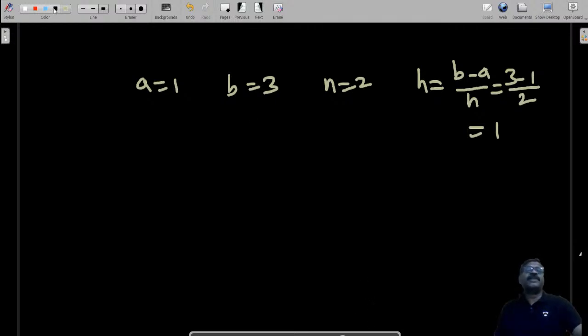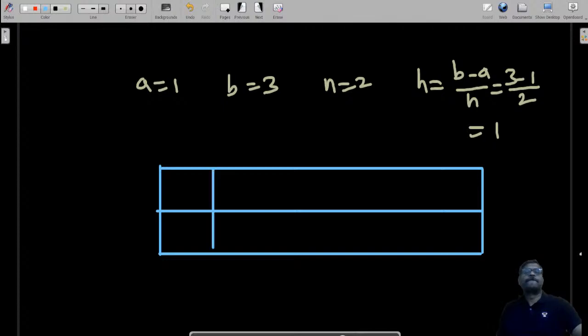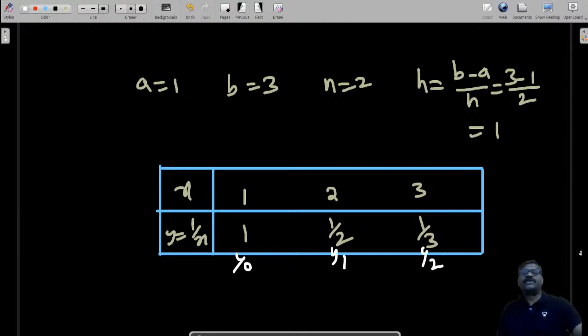Therefore, the table: x value, y equal to 1 by x. Now when x is 1, 2, 3. When x is 1, 1 by 1 is 1. 1 by 2. This is 1 by 3. Now y naught, y1, y2.